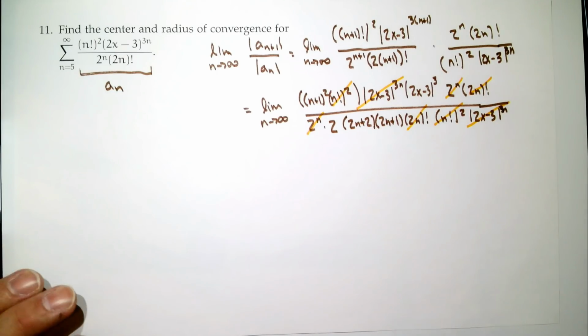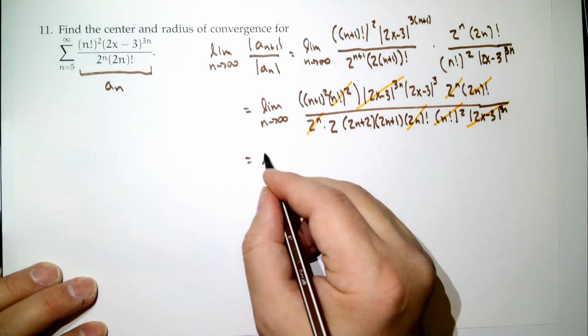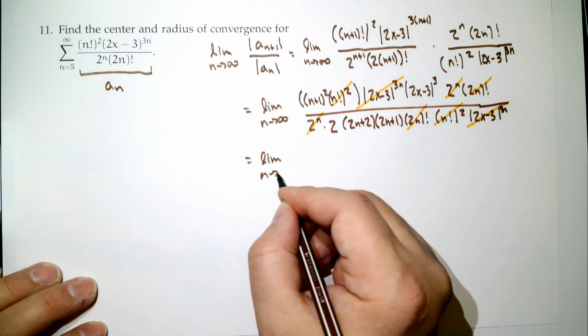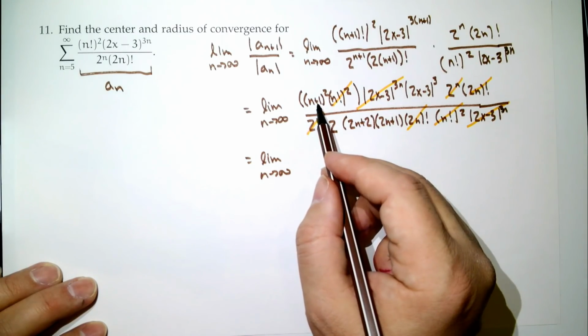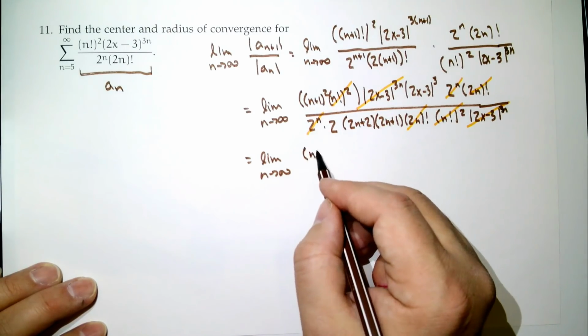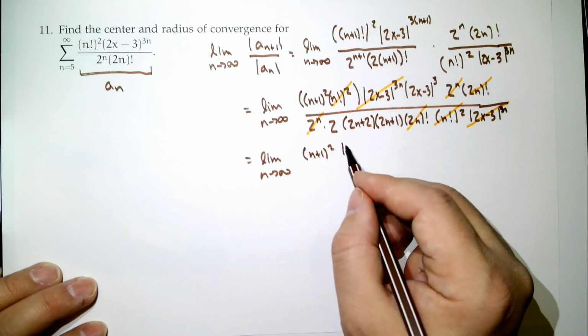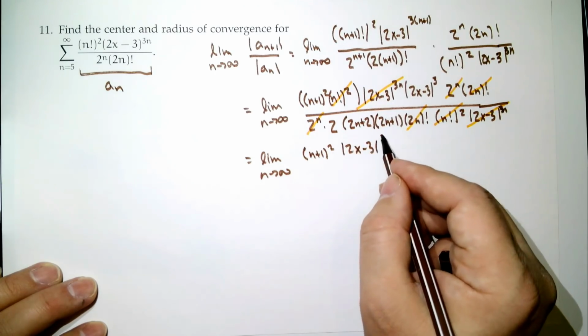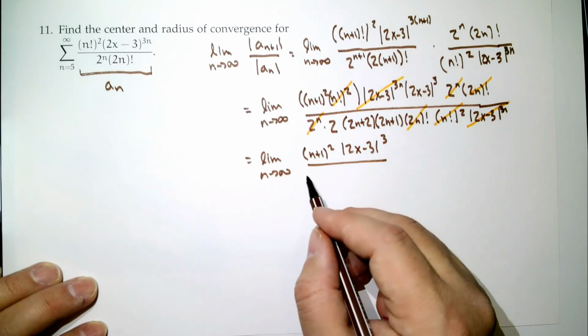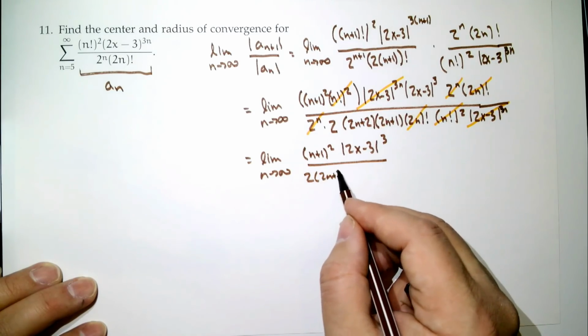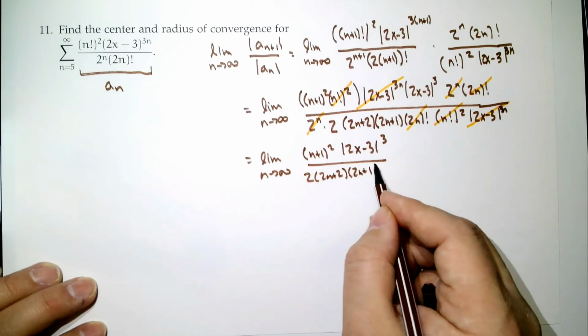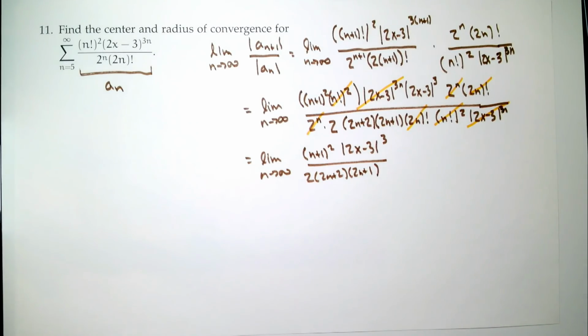What's left? Let's see. Upstairs, what do we have? Well, we have n plus 1 squared. And we have this absolute value of 2x minus 3 cubed. Downstairs, I have 2 times 2n plus 2 times 2n plus 1. And that's all we have.